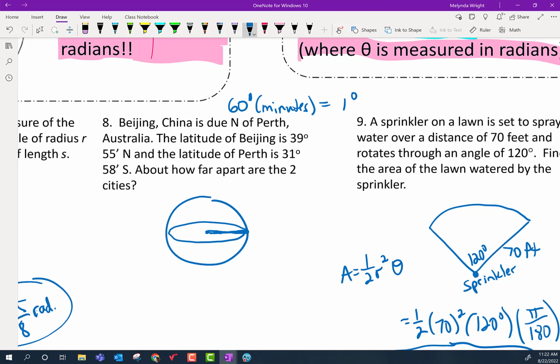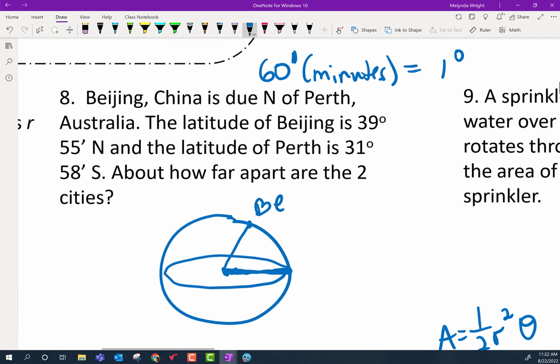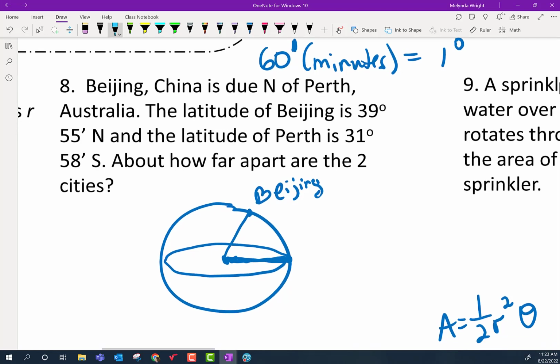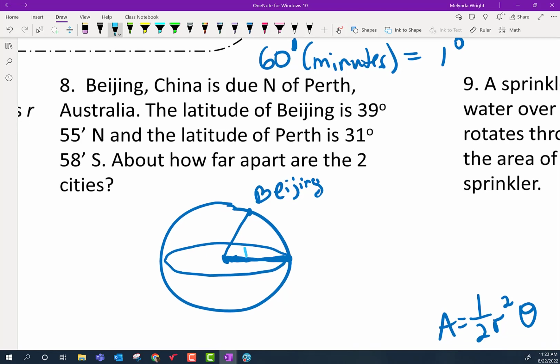The northern hemisphere is on top, and Beijing is here. The way latitude works is it's an angle measure. So this angle measure is 39 degrees and 55 minutes.